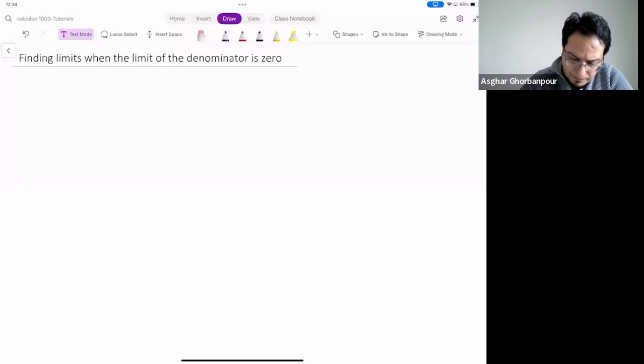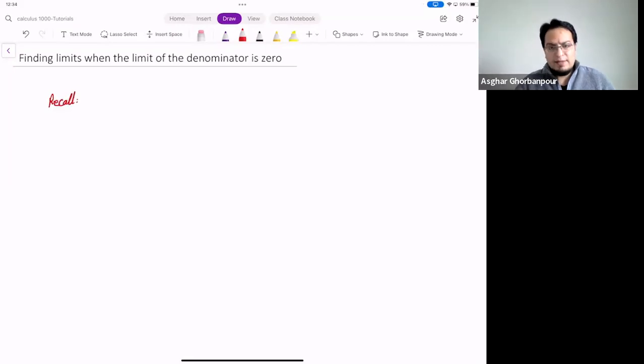Okay, so there is something in the toolbox that we had for computing limits. One of the cases was the quotient law.